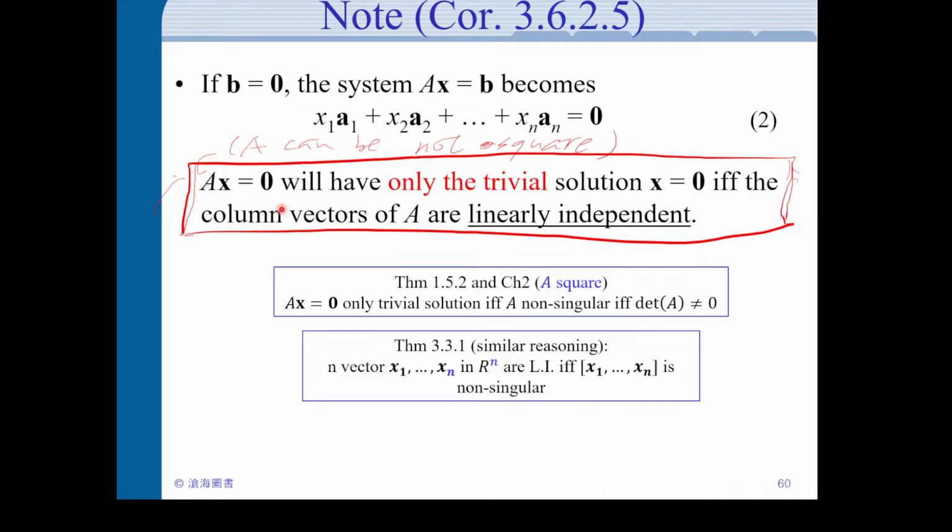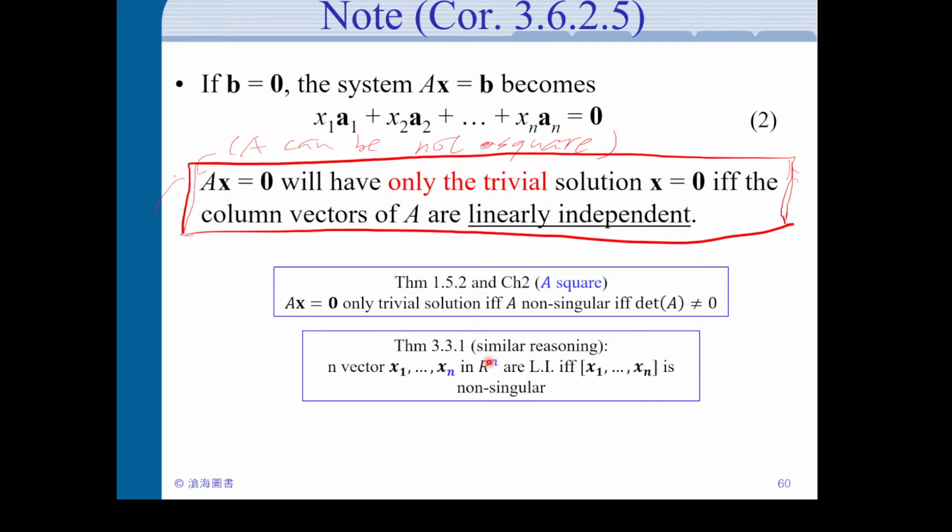To compare this, let's see some similar statements that we already proved. We already ran similar reasoning in theorem 3.3.1, but that was on square matrices. So here's a reminder.